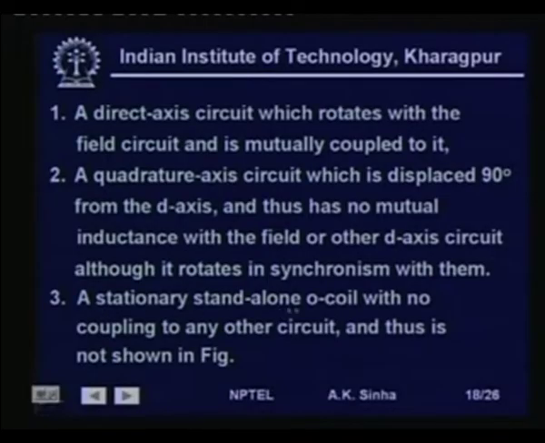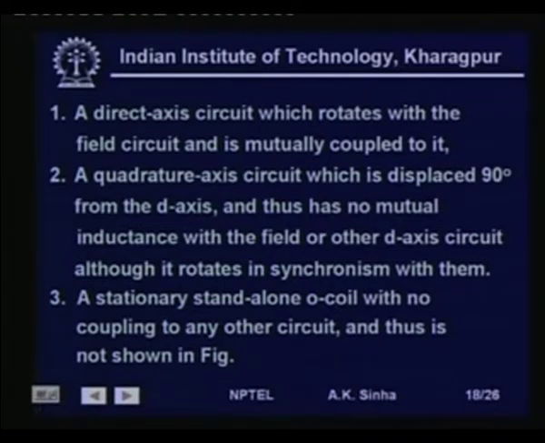The d axis coil has a mutual coupling with the rotor coil, whereas the q axis coil does not have any coupling. We also have a stationary standalone 0 sequence coil with no coupling to any other circuit and thus it is not shown.